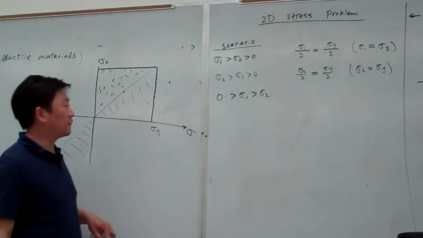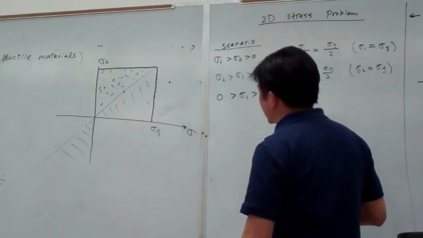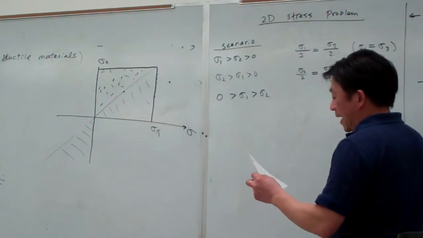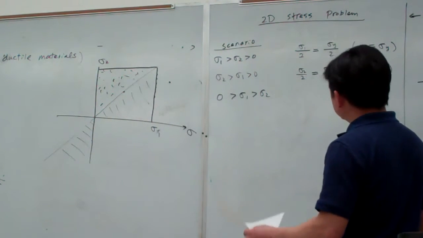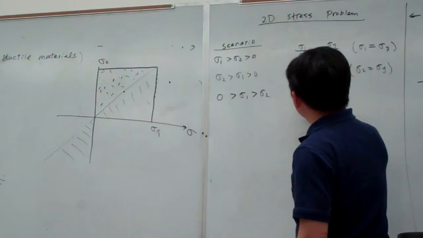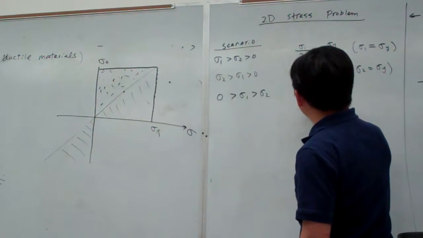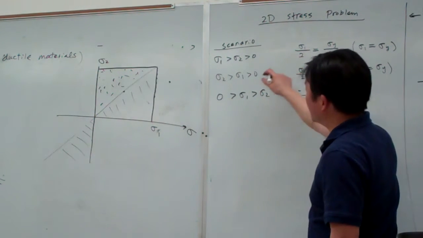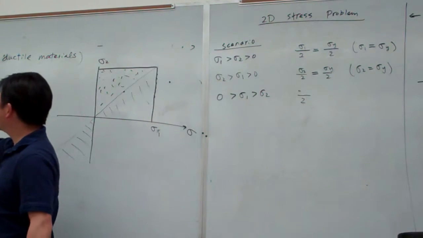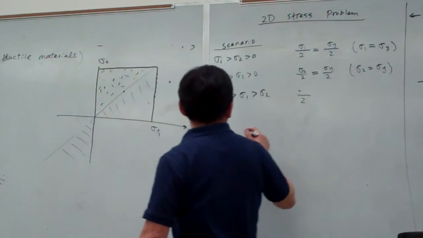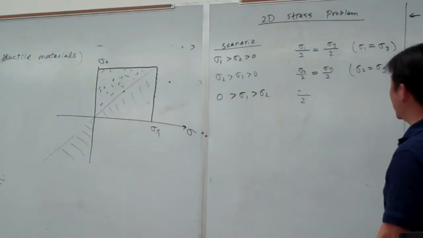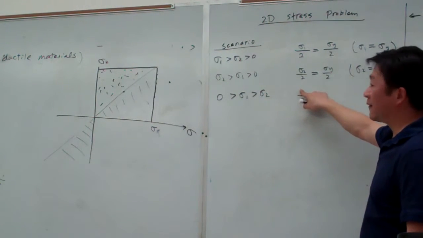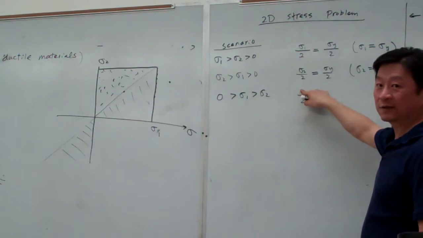In this way, we try to find out the design and the maximum. For this case, the maximum equals, because right now it's negative, and here we're looking for the values of the maximum. So if you continue using this figure, what will be the value of the maximum shear stress here?